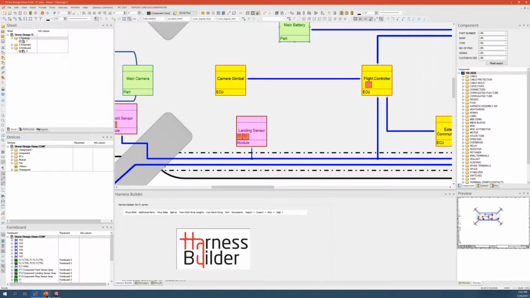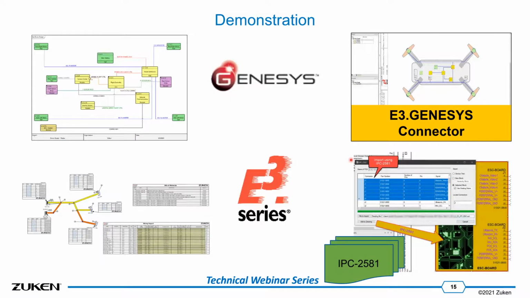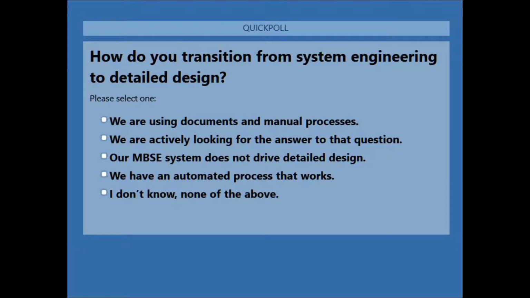That brings us back to the poll question that is next, which is over to you, Amy. Okay, thank you, Sanu. This is our last and final poll. So again, look for that pop-up window if you don't see it right away. The question is, how do you transition from systems engineering to detailed design?